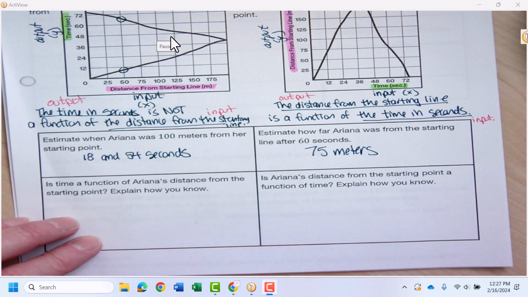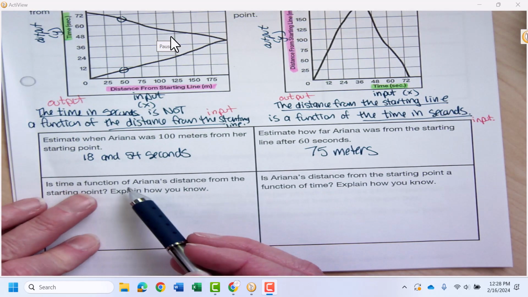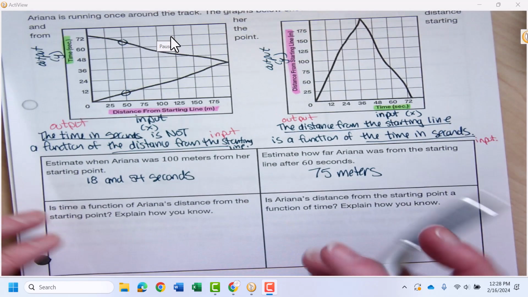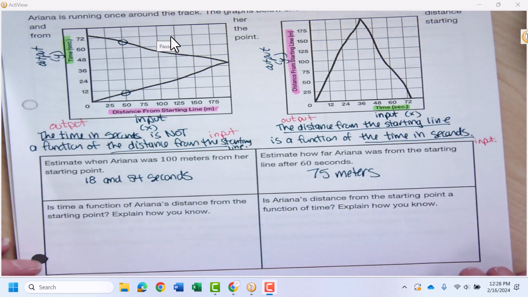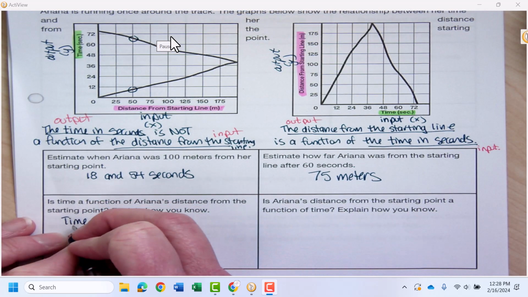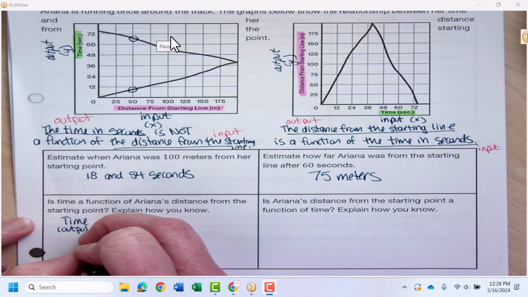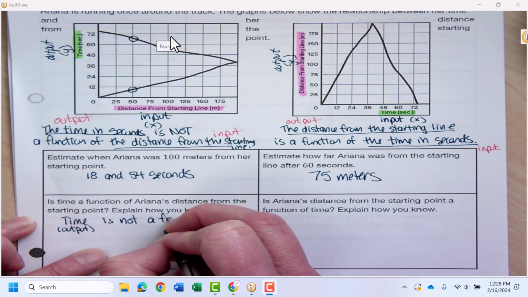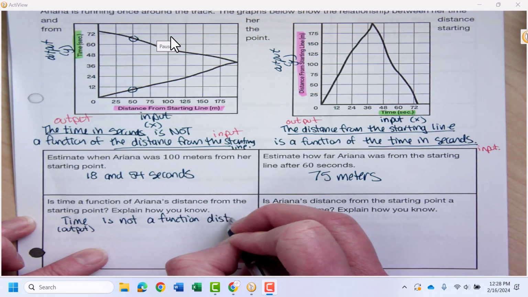So we'll finish up by explaining how we know whether or not something is a function. Is time a function of Ariana's distance from the starting point? Now we just said time is not a function, but let's explain why. Remember, time was the output here. It's not a function of her distance from the starting point. I'm just going to say distance.